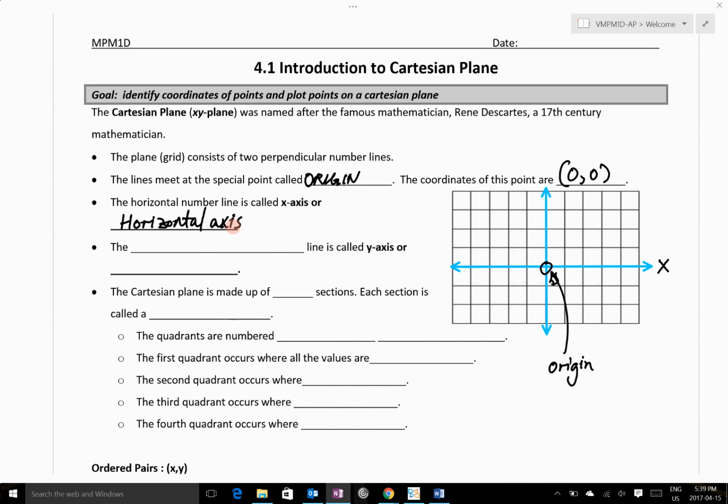Okay, so the numbers that are on this vertical line here, this is the vertical number line, and we also call this line the y-axis or the vertical axis. So I'm going to put in a y to show that this is the y-axis, and I'm going to write here for our note: the vertical number line is called the y-axis or the vertical axis.